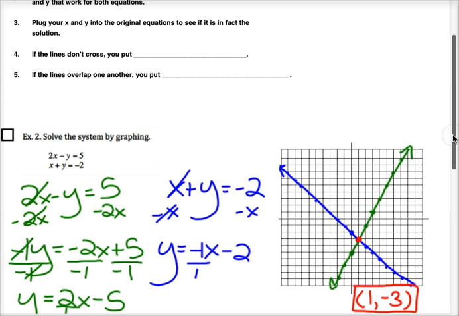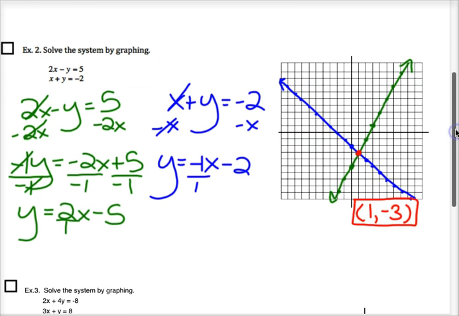Now, let's go back and look at the third step: plug your x and y into the original equations to see if it is in fact the solution. So that's basically what we did on the first page, that first screen. It basically is double checking your work, making sure that you've solved it properly. So I'm going to check it really quickly in my equations.